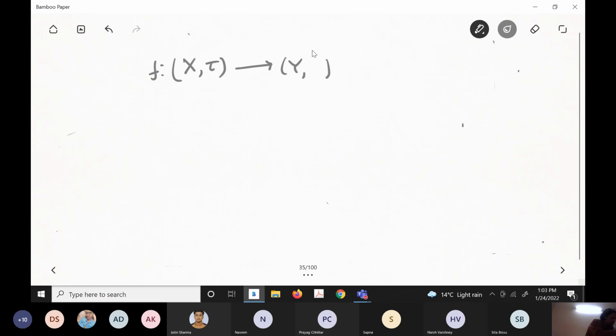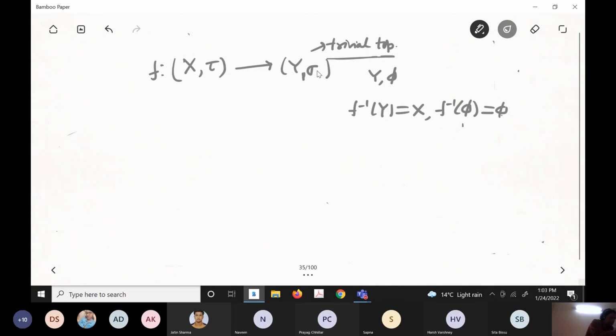Now look, if I give here the trivial topology, suppose sigma is the trivial topology, that means only Y and phi. Then obviously f inverse of Y is X, and f inverse of phi is phi. Obviously X and phi belong here, so this will be continuous. So the trivial topology is the smallest topology on Y. So the answer is trivial.